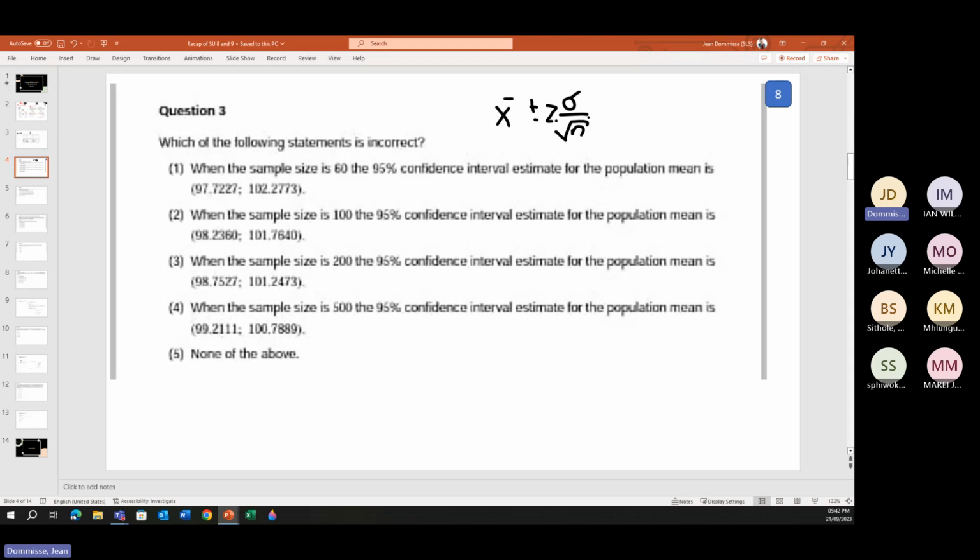So if we keep everything similar and we increase the n, this should decrease.